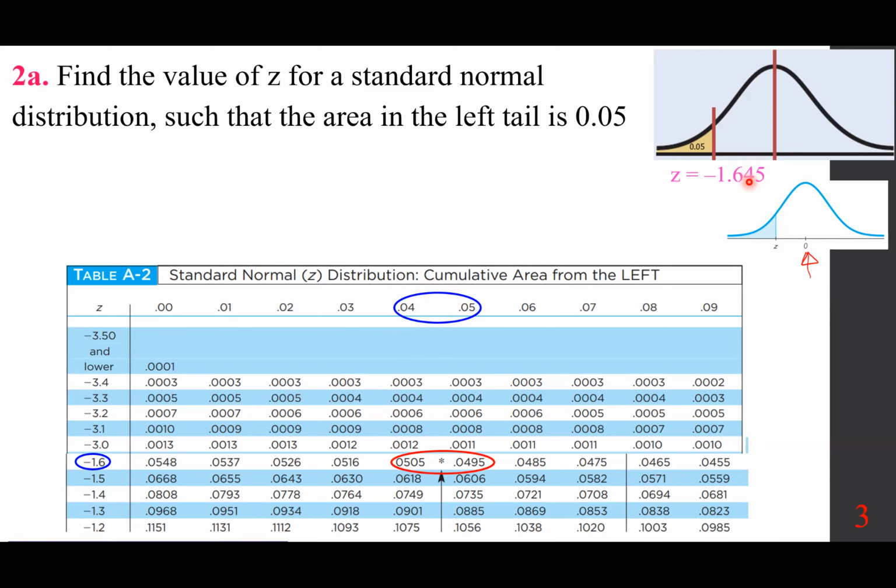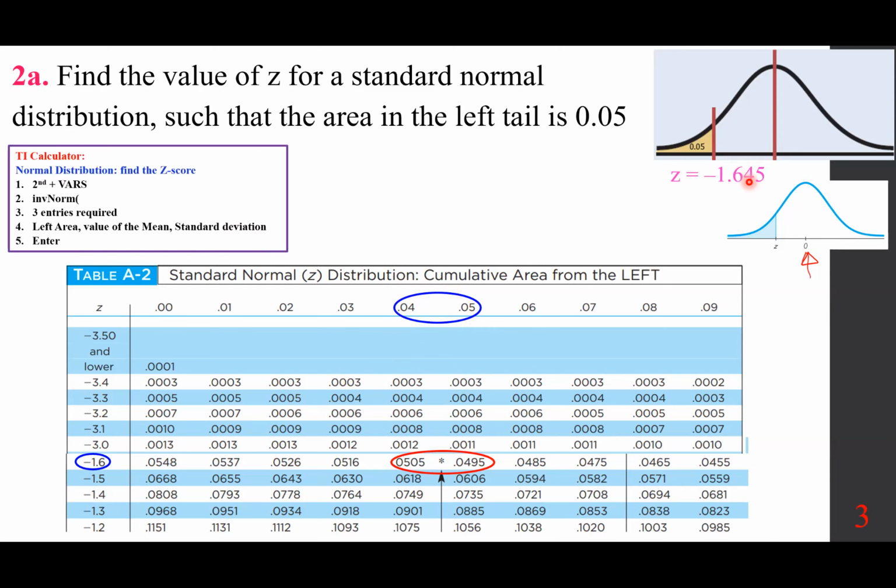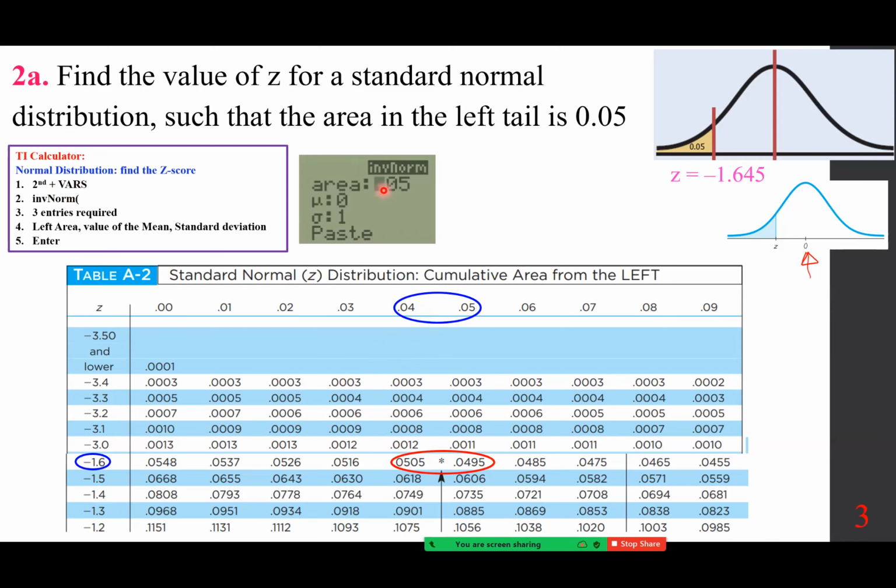You could use technology as follows. If you use, for example, a TI calculator, you can go with 2nd VARS, invNorm, and put the following entries. When we go with invNorm, we put the area on the left to be 0.05, mu is 0, sigma equals 1.